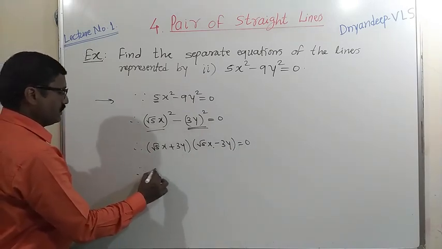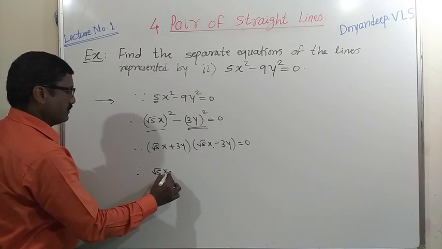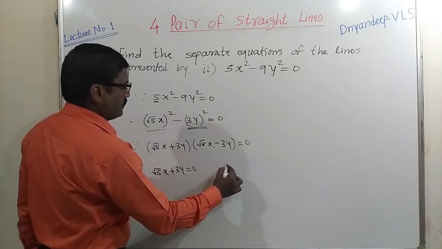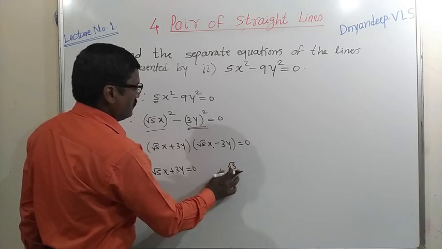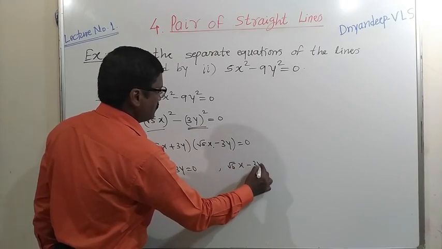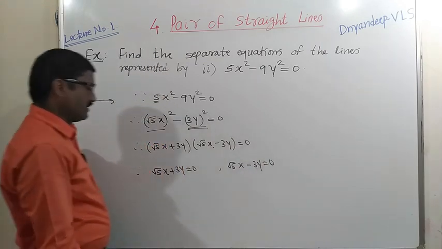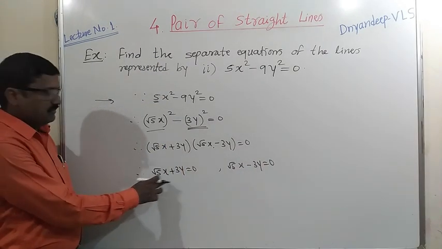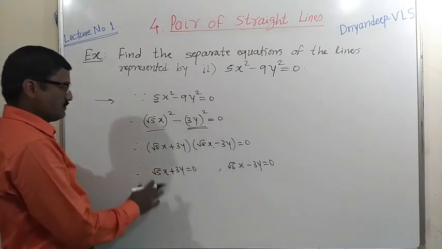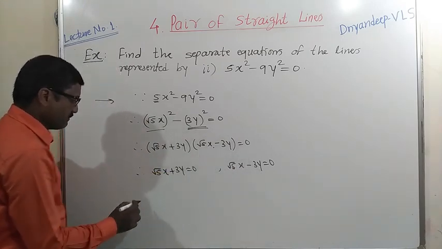Therefore either the first is 0 or the second is 0, that is √5x + 3y = 0 or √5x − 3y = 0. And once again these are two linear equations in x and y without any constant. So these are two lines passing through the origin.